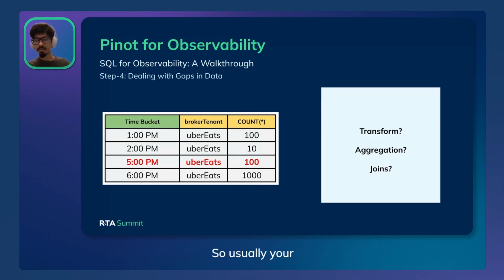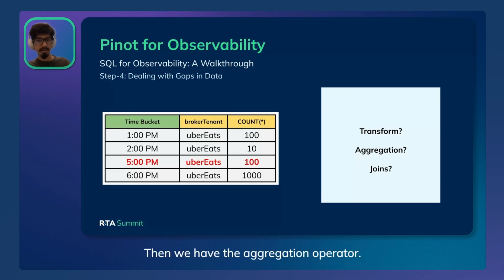Usually the most common operations in the relational model are transforms, aggregations, and joins. Transforms are essentially your project relational operators, which is essentially a select clause. These map one row to another row, so they don't allow you to insert rows, and might not be helpful in our case.